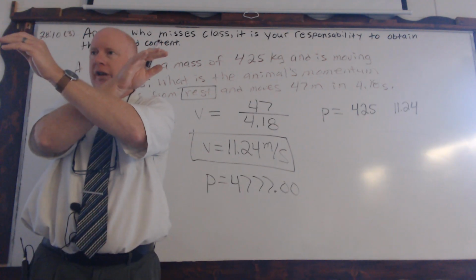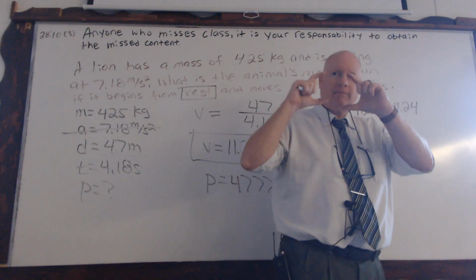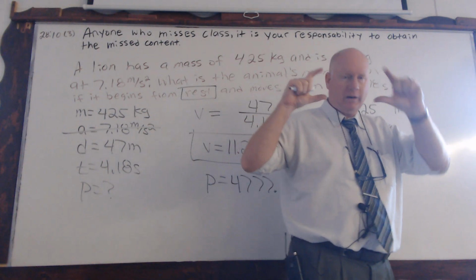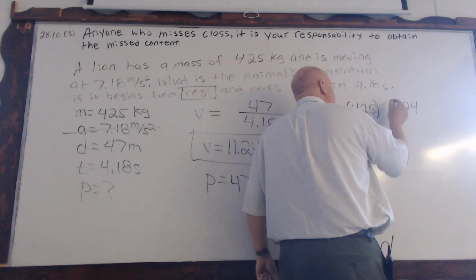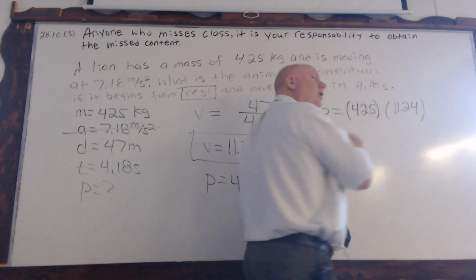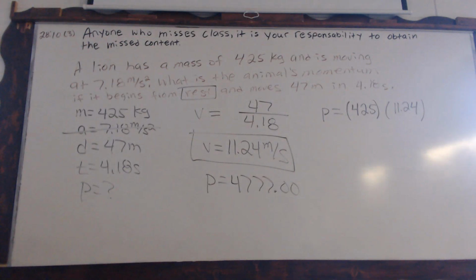You could put a dot. What did we do yesterday maybe? The parentheses. Right, so we could do that too. Go ahead and put that in your calculator. Isn't it 4,777? Right.